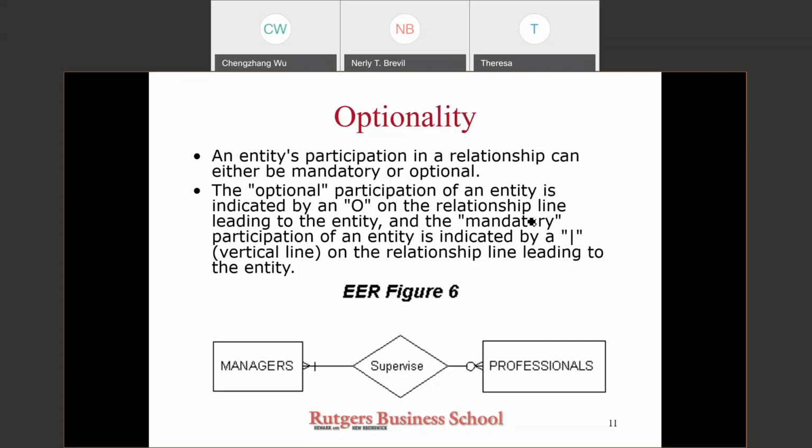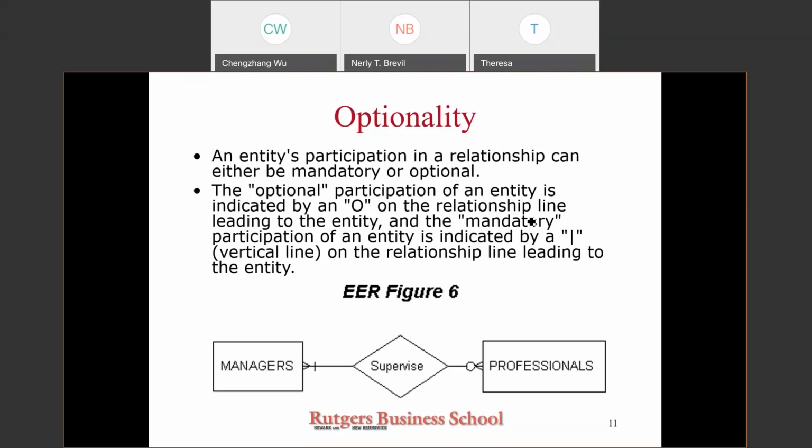So in terms of the ER diagram, we need to show that the participation of professional is optional and the participation of manager is mandatory.